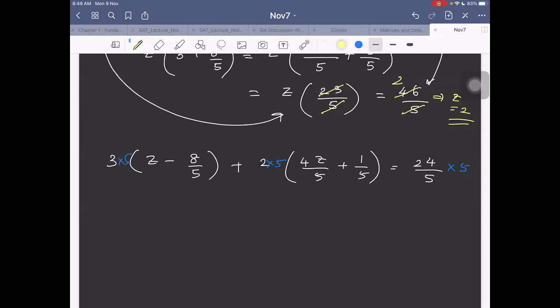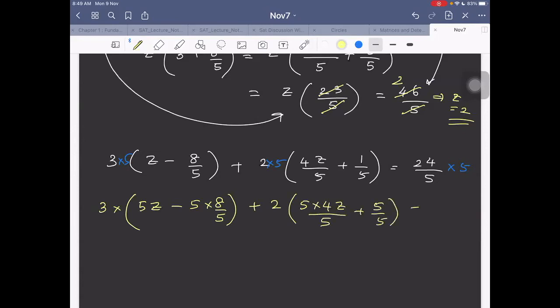So in the first term, you can distribute this 5. So this becomes 5z minus 5 into 8 by 5. In the second term, you distribute this 5 everywhere. And on the RHS, 5 and 5 directly get cancelled. It becomes 24.